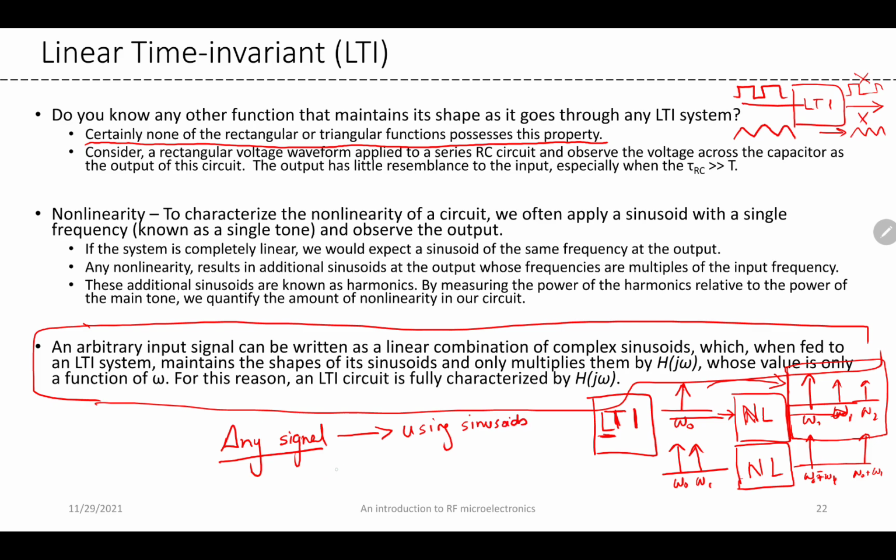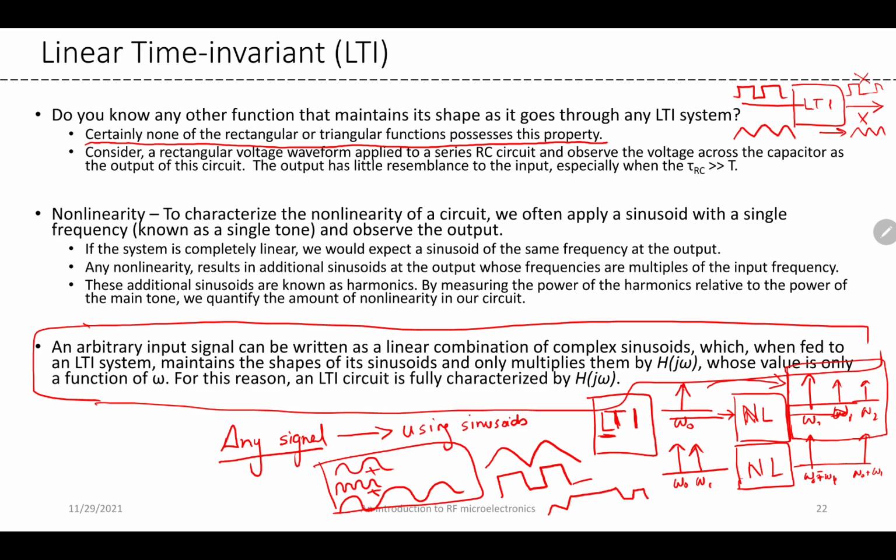So you can combine sinusoids of different frequencies, different amplitudes to form a single waveform, and if you join them together, you can form any waveform, say a triangular wave, a rectangular wave, or some particular waveform you want. You can always create any waveform using sinusoids, and once you understand the behavior of a system to sinusoids, you can then understand the behavior of the system to any waveform.